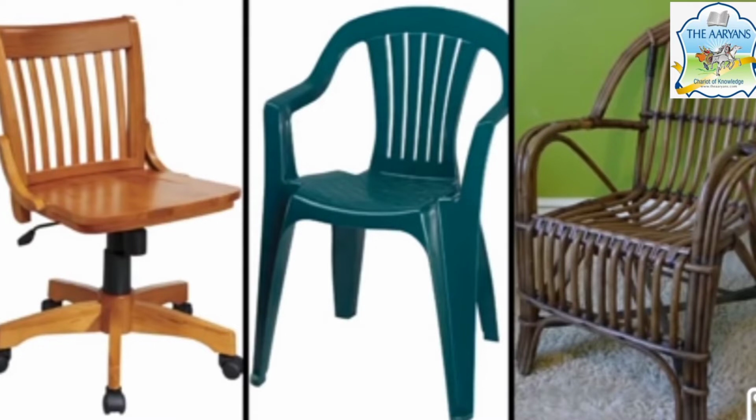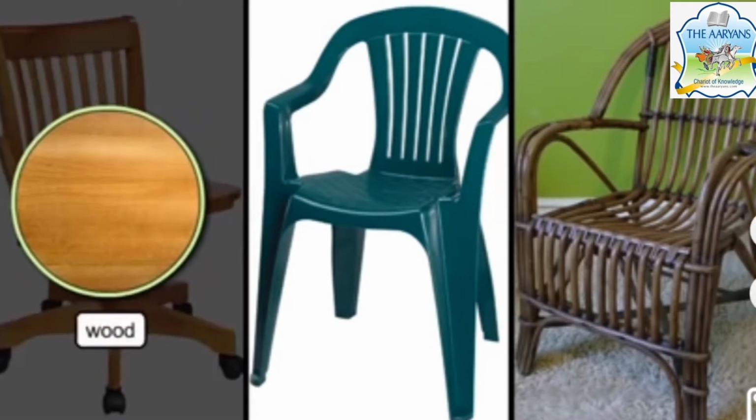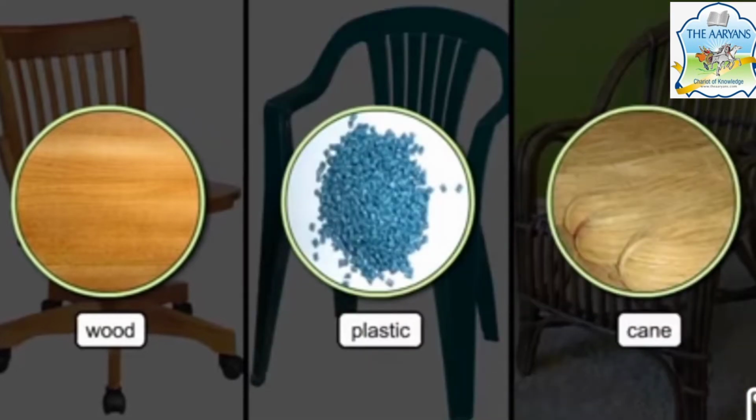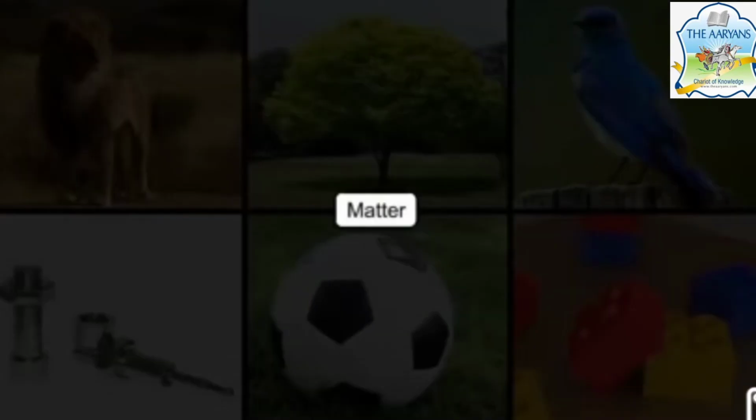Like first chair is made up of wood, second chair is made up of plastic, and third chair is made up of cane. So they all are chairs but made up of different materials.